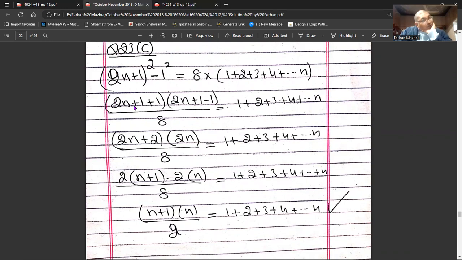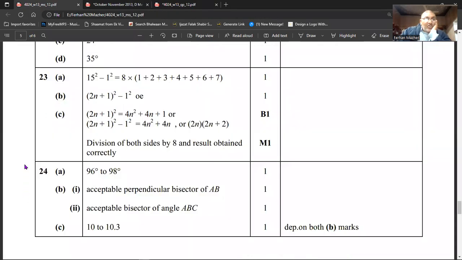So you will have 2n plus 1 plus 1 in one bracket, and 2n plus 1 minus 1 in the other bracket. Here you will have 2n plus 2, here you will have 2n only, divided by 8. Take 2 common from here. 2 2s are 4, and 4 and 8 will be cancelled. So you will have n plus 1 into n divided by 2, and on this side you will have 1 plus 2 plus 3 plus 4 plus up to n. Okay, so this is what you have to show.